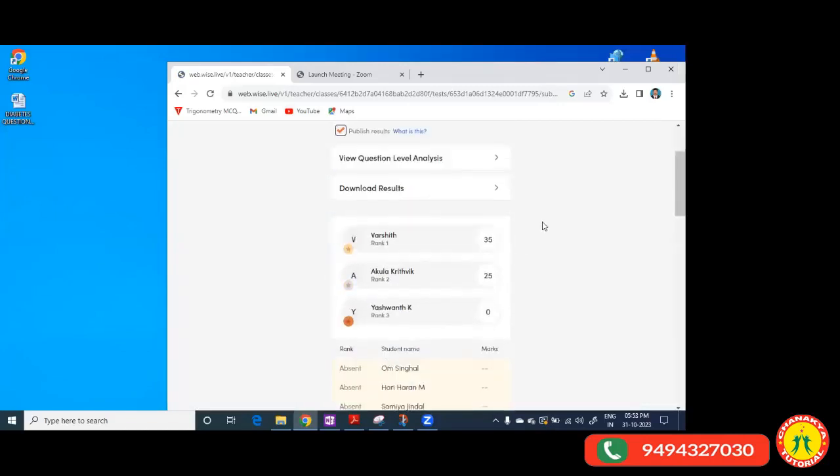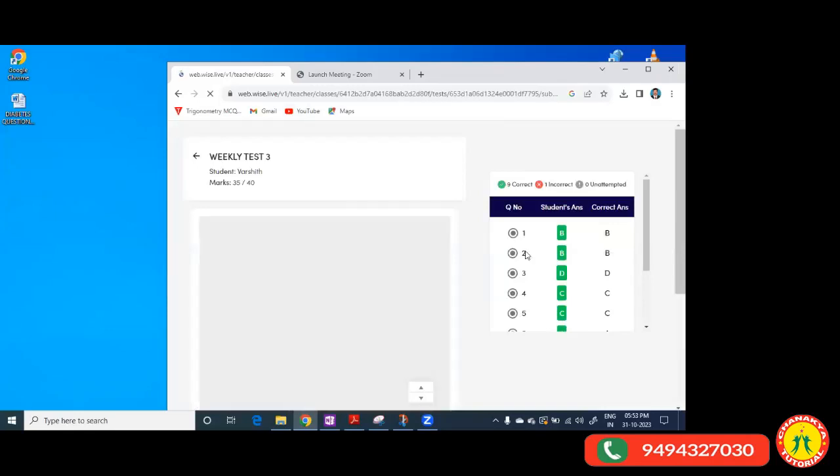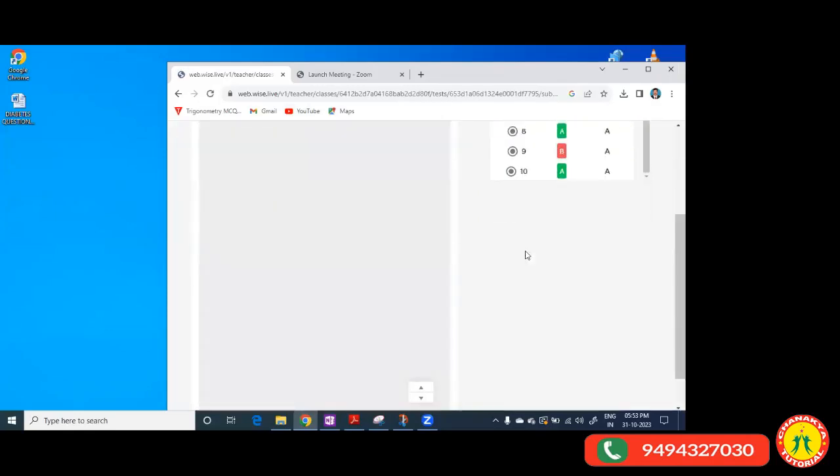First worksheet, 35. Which question did you make a mistake in?